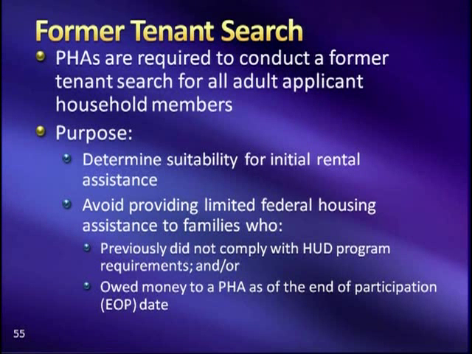We also want to ensure that you're avoiding providing limited federal housing assistance to families who previously did not comply with HUD program requirements and/or owe money to a housing authority as of their end of participation date.